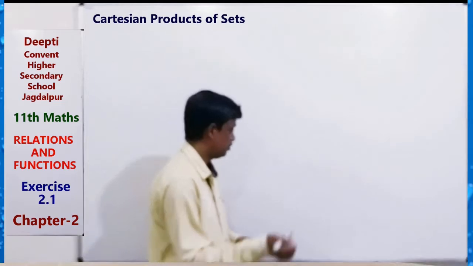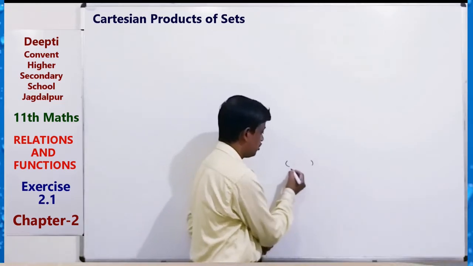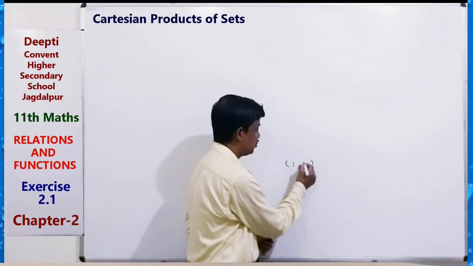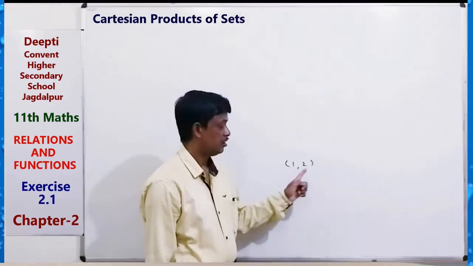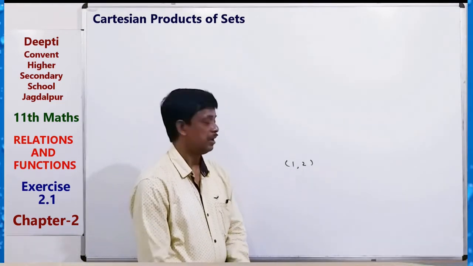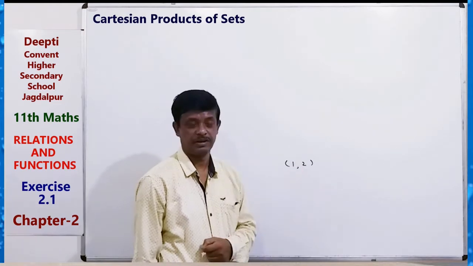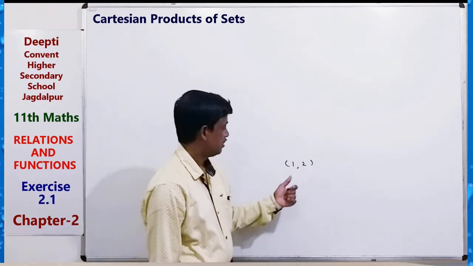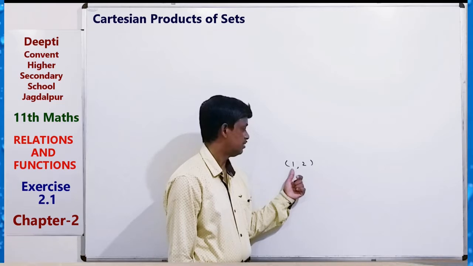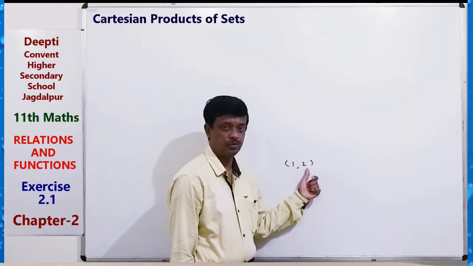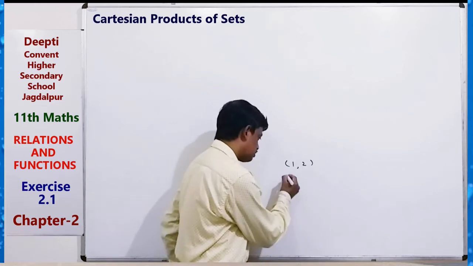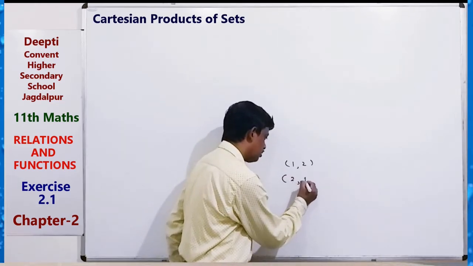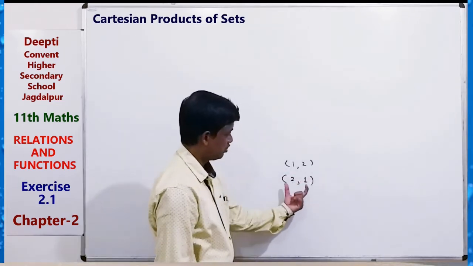We know from our previous class, suppose we write 1 comma 2 in brackets. This is an ordered pair: first element 1, second element 2. Two elements are written in a particular order. We can also write 2 comma 1 in brackets.